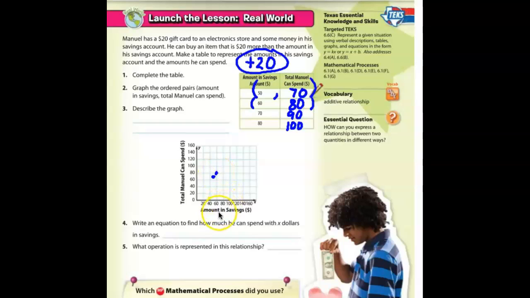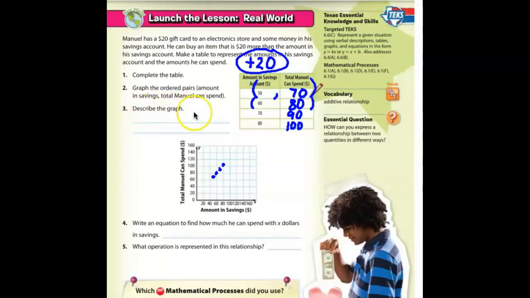And I'm going to go to 70, and go up to 90, in between the 80 and 100. And then if I have $80 in my bank account and I add $20 to that, then I'll end up with $100. Okay, so this is how we graph those ordered pairs.